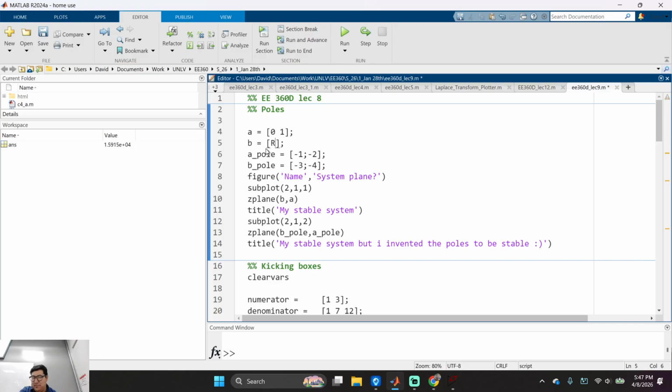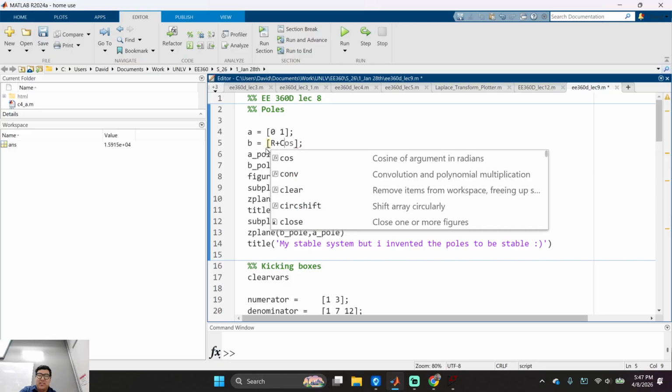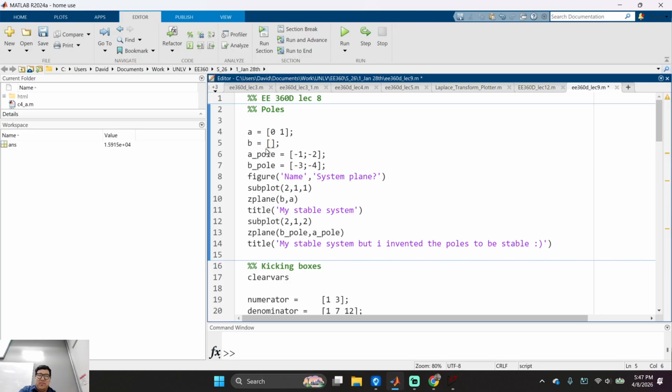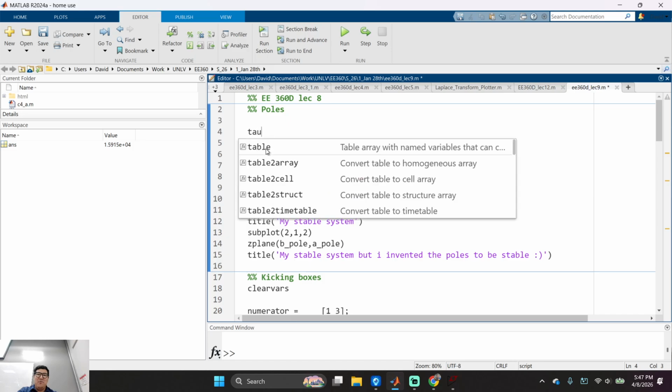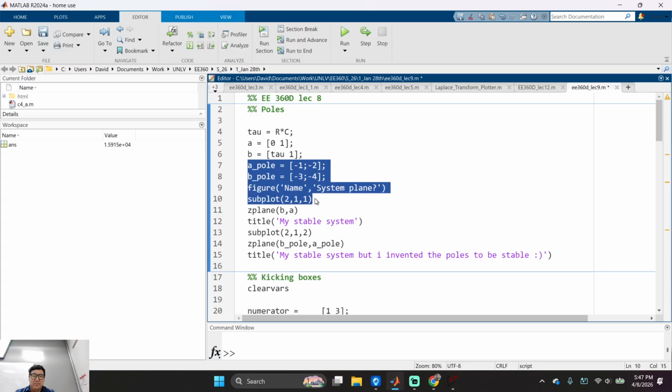It's going to be RC, R times C. Actually, anyone bothered if I do this? Where tau is equal to R times C. Is that making sense with everybody? Let's see, Z plane. Why do I have that there?